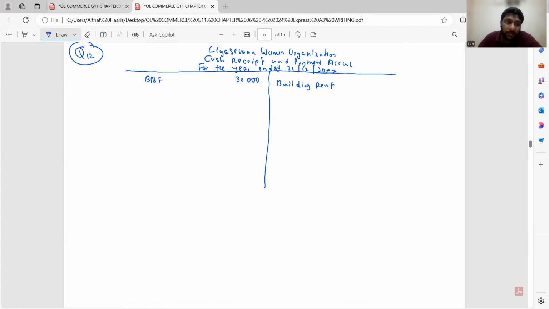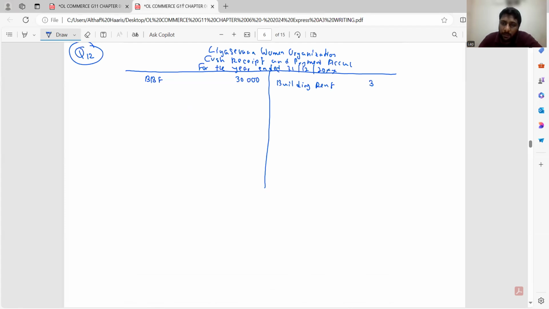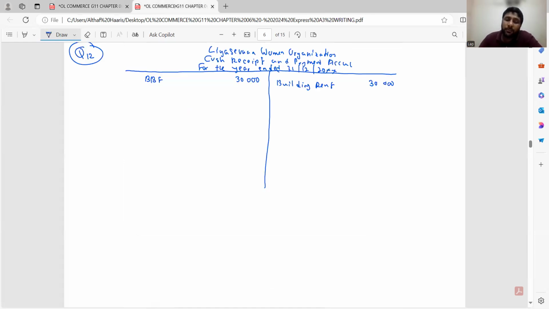Building rent 30,000. Purchase of equipment 25,000.